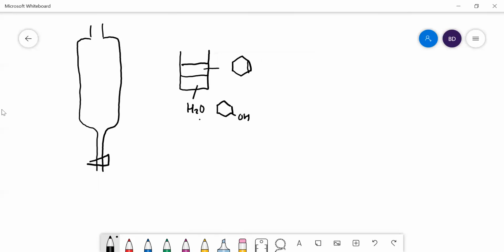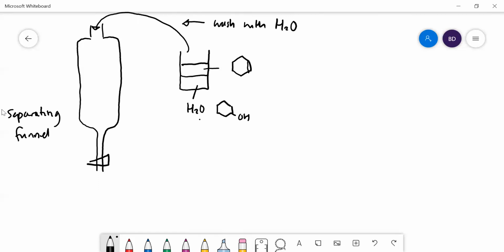You put that into the separating funnel, and then you wash with some water. In actual fact, rather than water, you usually use a sodium chloride solution, but it's mostly just water. So you put that in and you fill that up.